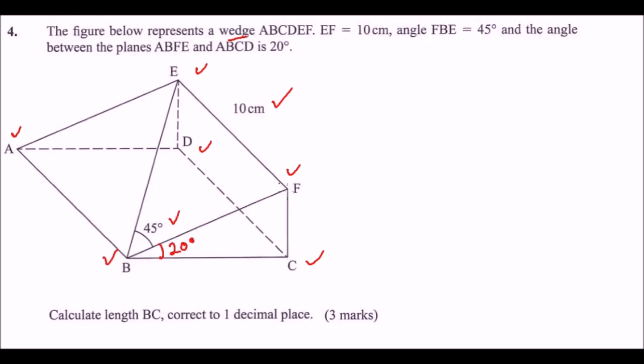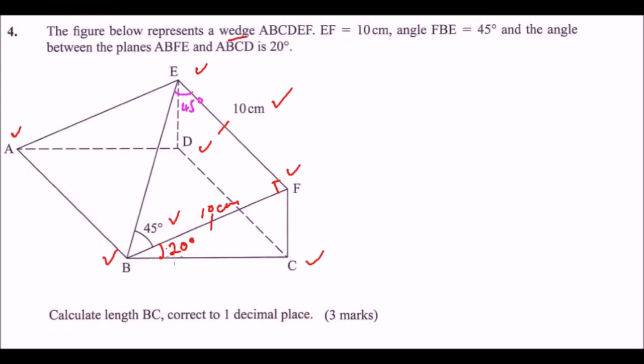Now, since this angle is 90 and this angle is 45, it means that these two lines are the same. So BF is 10 centimeters. So once you get that, this angle here is also 45 degrees.